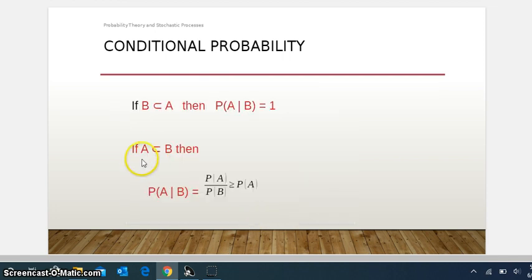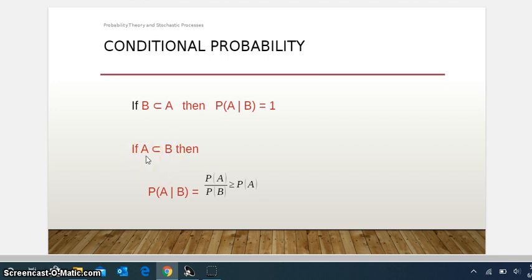In the converse case, if I take A as a subset of B, what happens to P of A intersection B? If A is a subset of B, the common elements will be A itself.